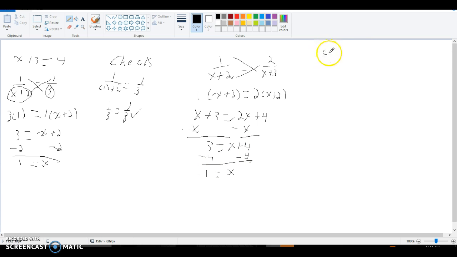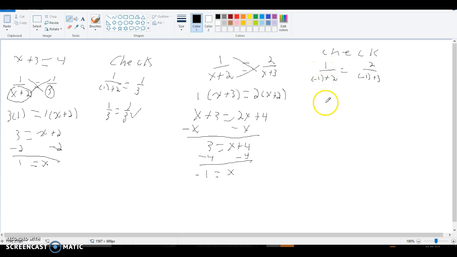So now we want to check this. And what we're going to do is plug in -1 for x. So we're going to have 1 over -1 plus 2 equals 2 over -1 plus 3.